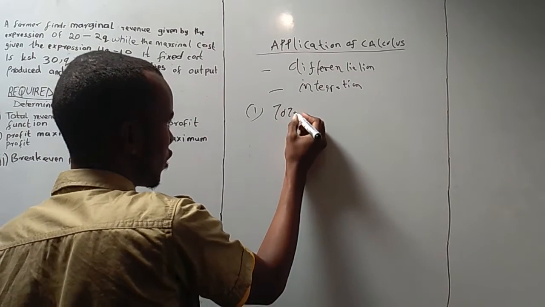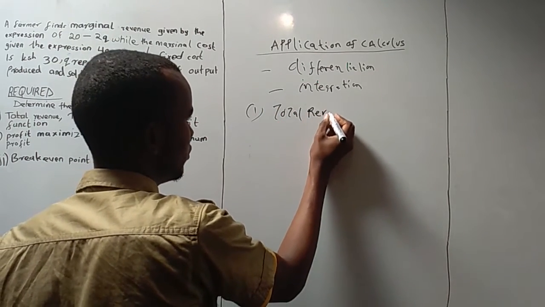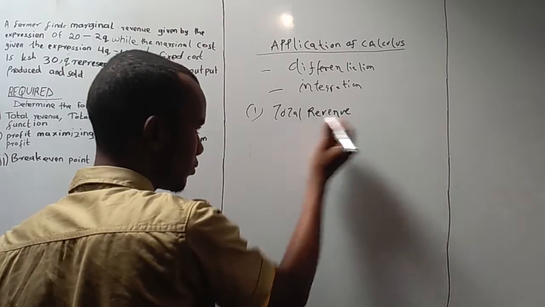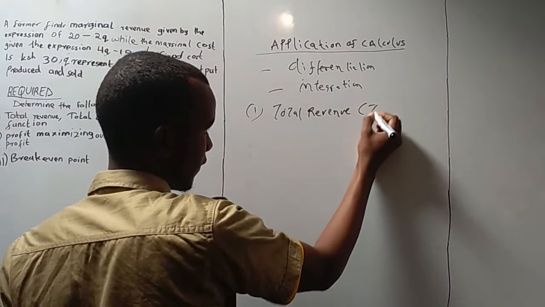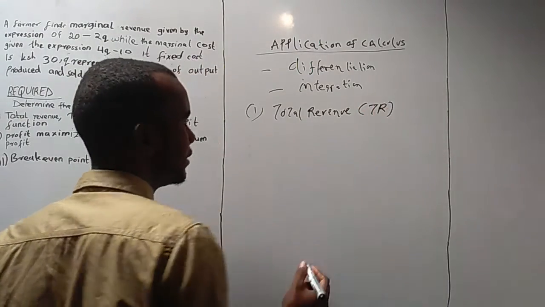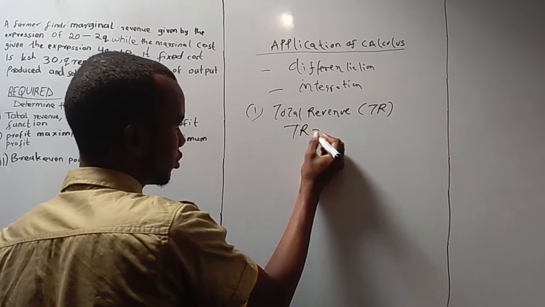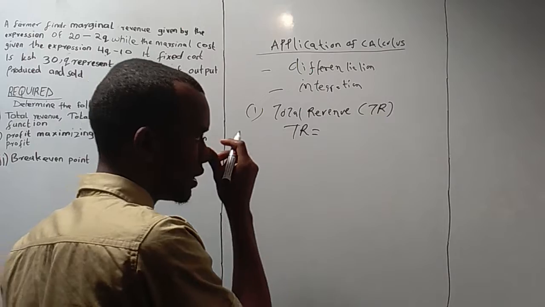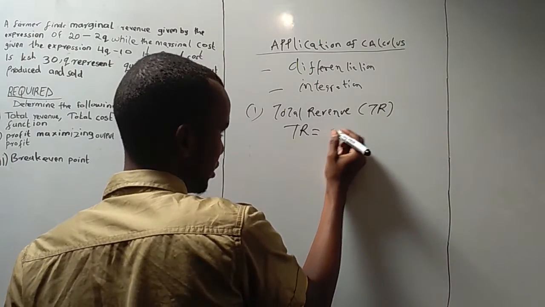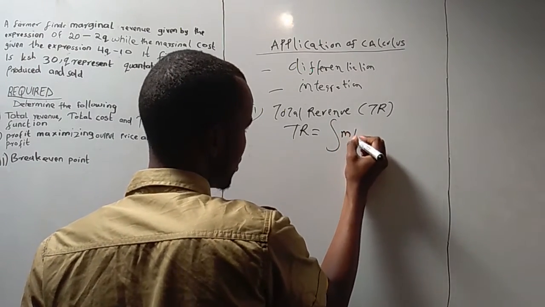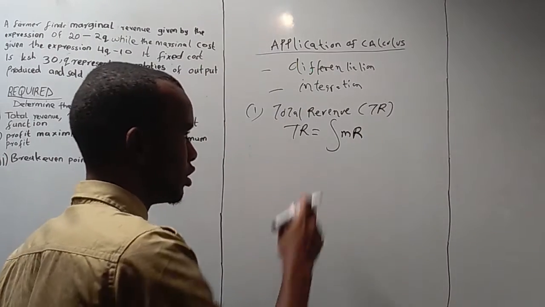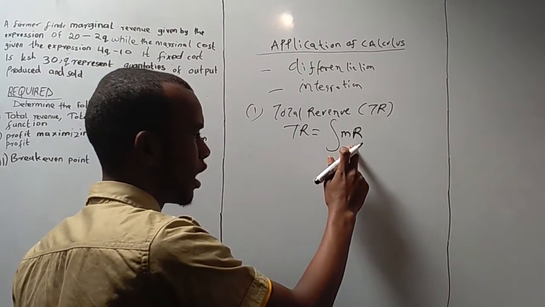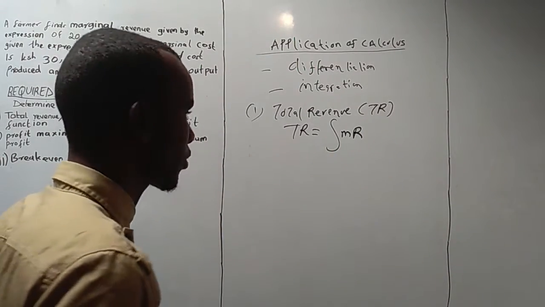We have the total revenue, TR. Normally, for you to get the total revenue, you integrate the marginal revenue.